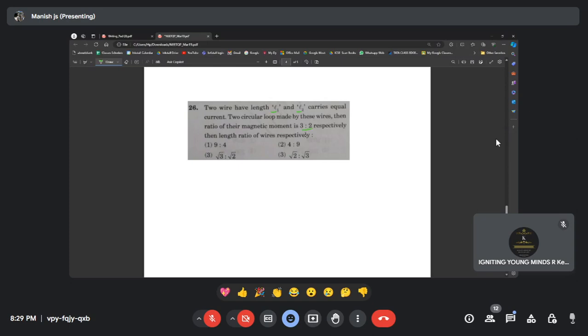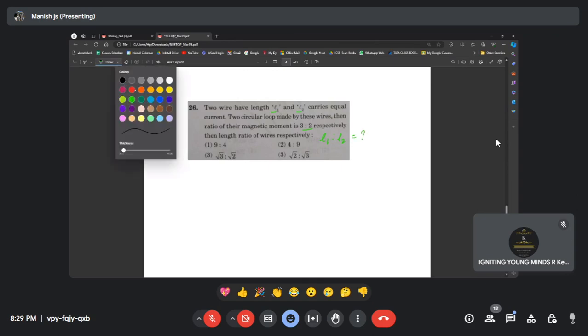They're asking you the length ratio of the wires, L1 is to L2. You should find out what is L1 is to L2.